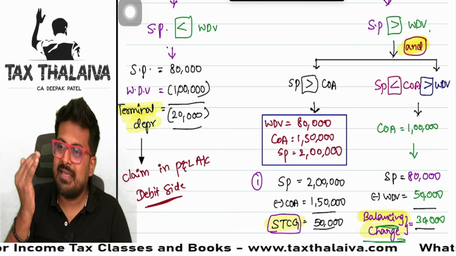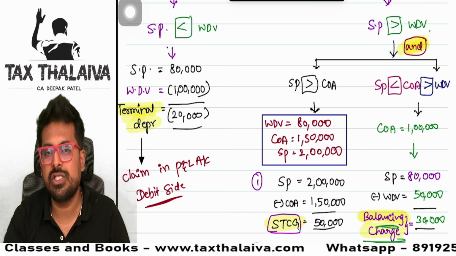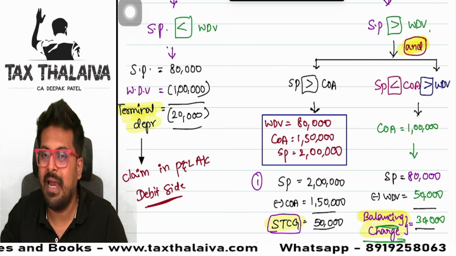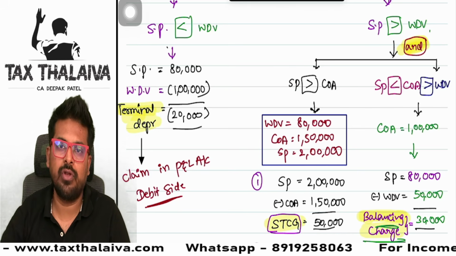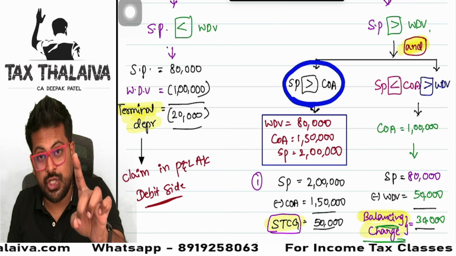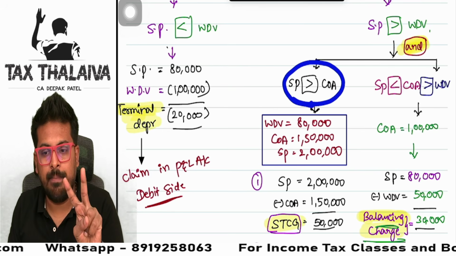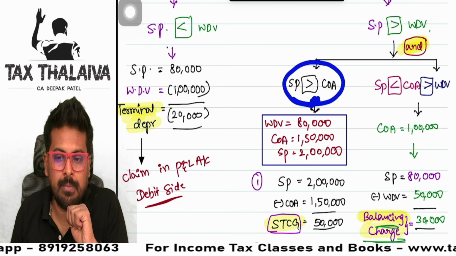But if the sale price is more than WDV but not more than the cost of acquisition, then you will get balancing charge, which you have to take to the credit side of your profit and loss account. So if the sale price is more than the cost of acquisition, two things will come: balancing charge and also short-term capital gain.